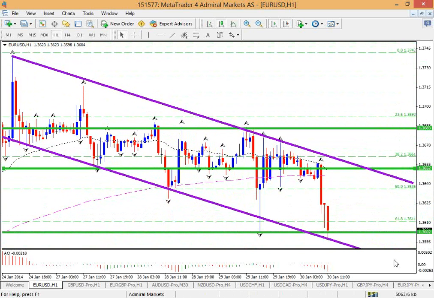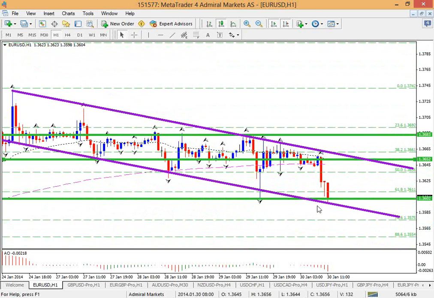So any hook back in a lower high, if we get there, would be a potential bounce. But don't forget that if this does fall before giving the bounce, then the 786 could be a bouncing spot, or the 886, right? So be aware of that. It doesn't have to give the hook back before reaching those fibs. It could continue to fall and then bounce, right?